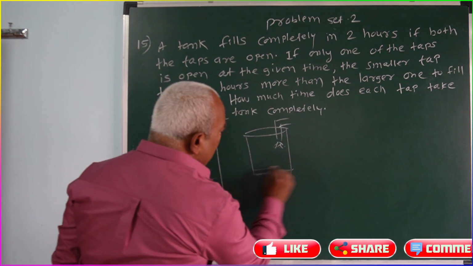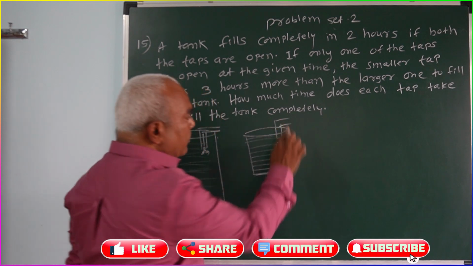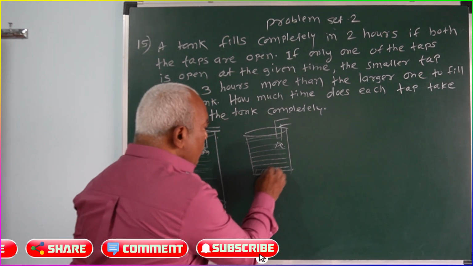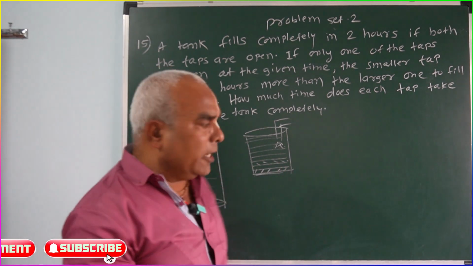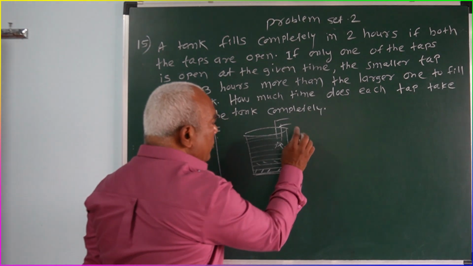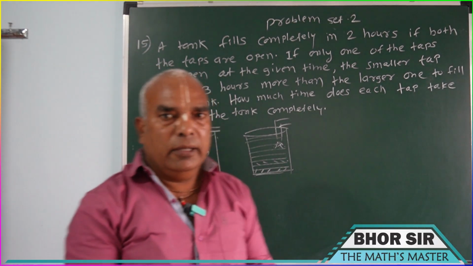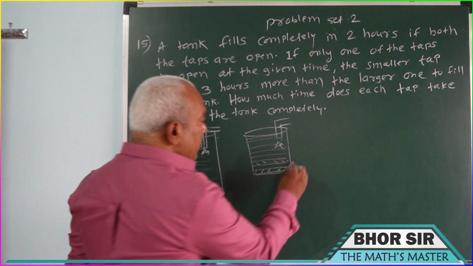10 hours means the tap divides the tank into 10 equal parts and fills one part in 1 hour. If 10 parts are made, then each part will be 1 upon 10. If 5 parts are made, each part will be 1 upon 5.